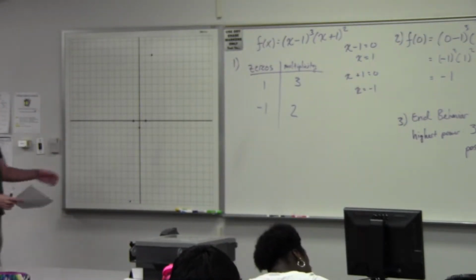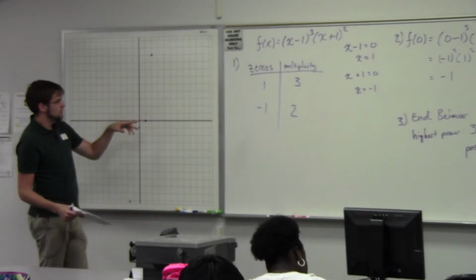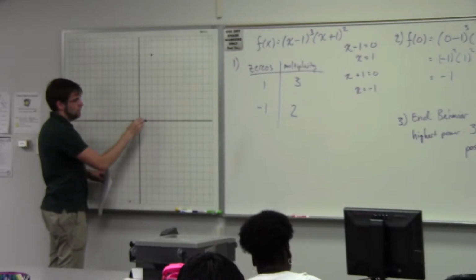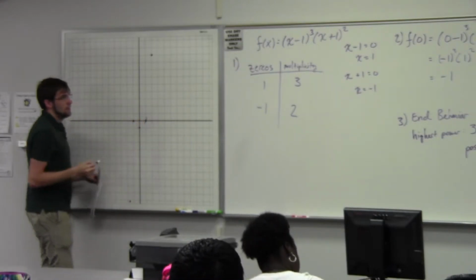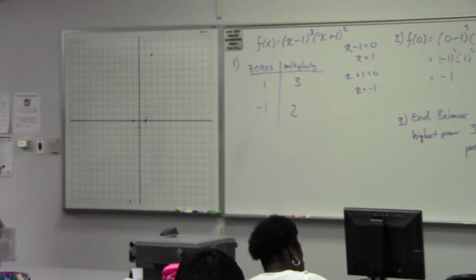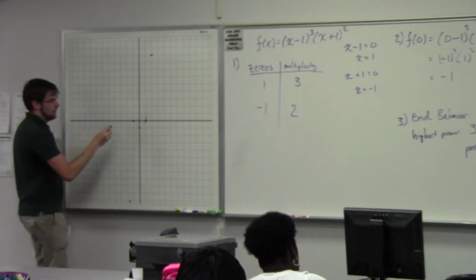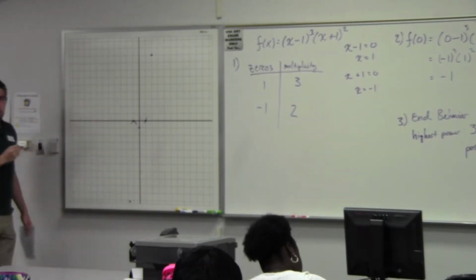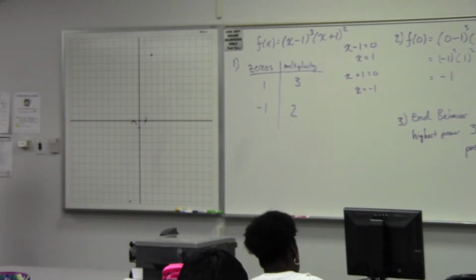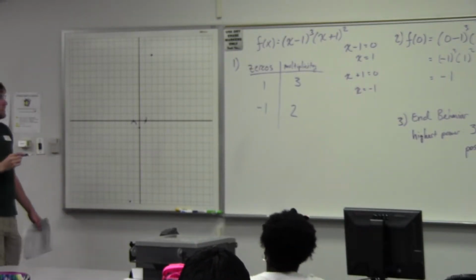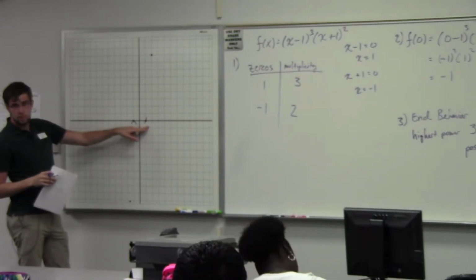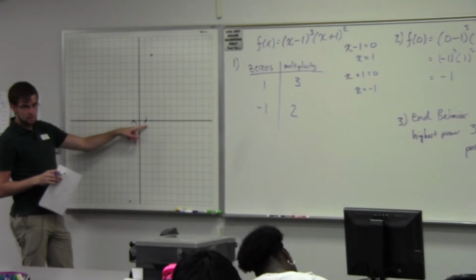All right, and so at 1, we have an odd multiplicity. So I know that my line is going to go through the x-axis. And at negative 1, I have an even multiplicity. So I know that my line is going to bounce. All right, so I know it's going to come up and bounce. Because 1 has an odd multiplicity, it passes through the x-axis.